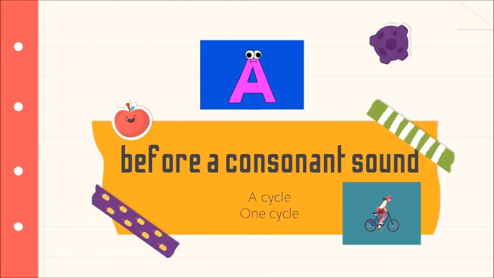A is used before words starting with a consonant sound, like one cycle or a cycle, one bat or a bat.